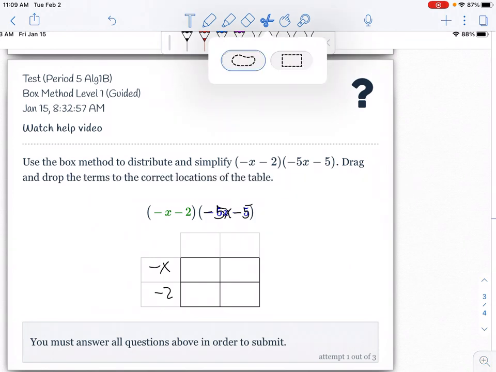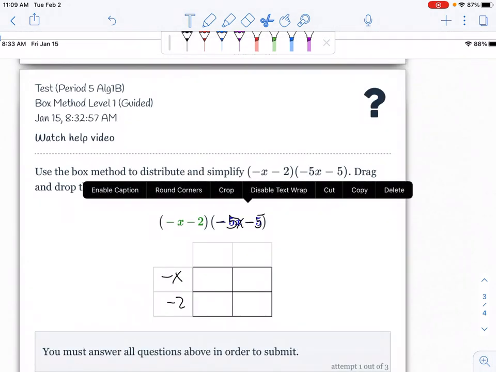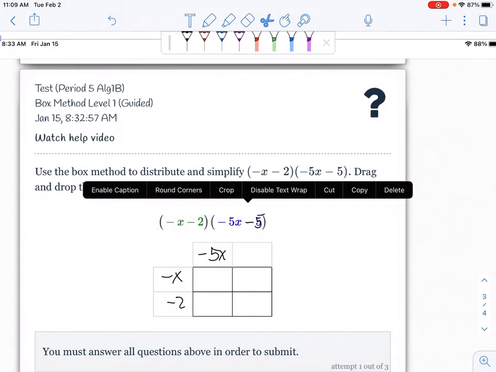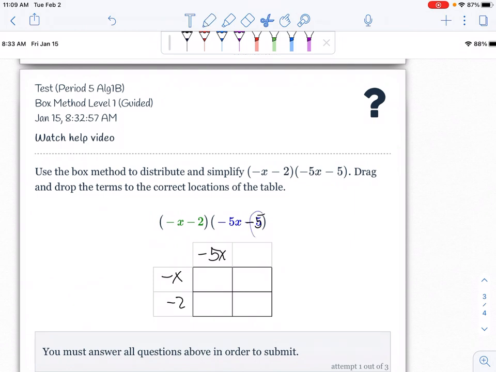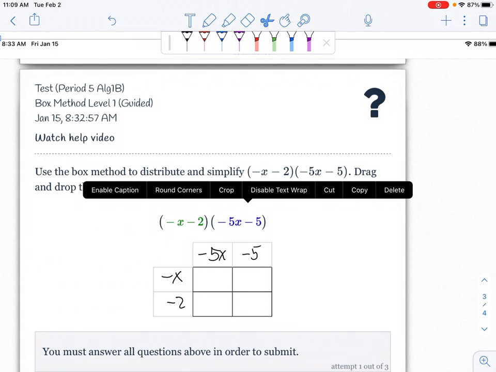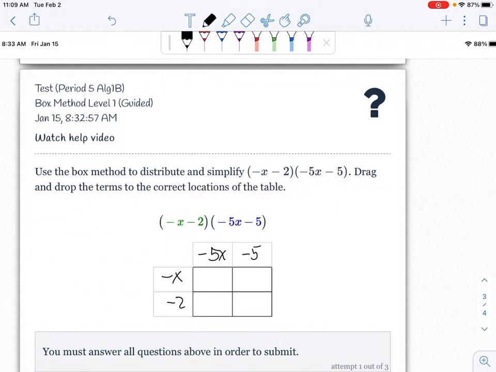So you literally with your mouse can grab each piece and move it where it belongs. And then you have to go through and multiply them out yourself.